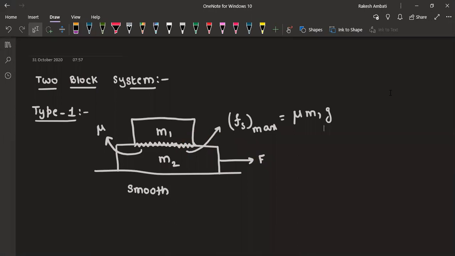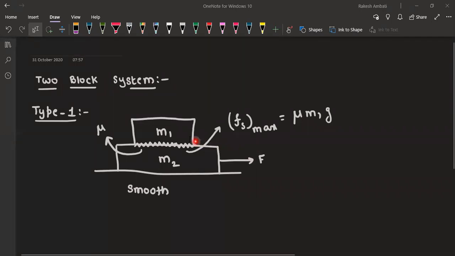Okay, so first of all here, what we have to find out is that up to a particular value of force, the two blocks move together with the same acceleration, and beyond that force, they move separately.